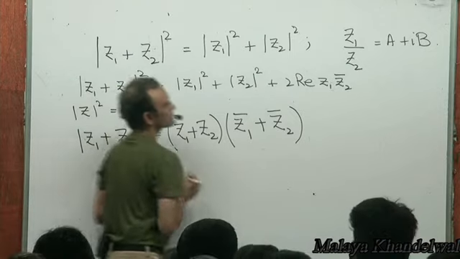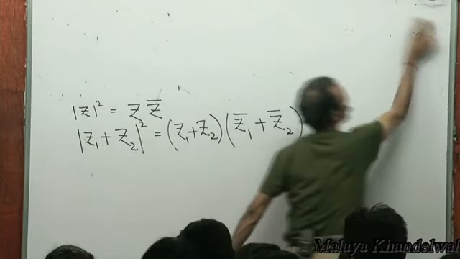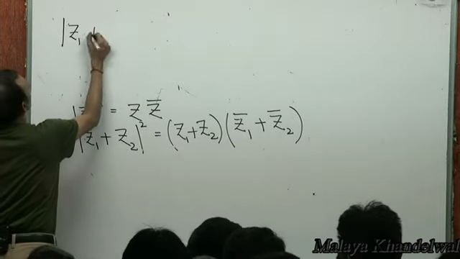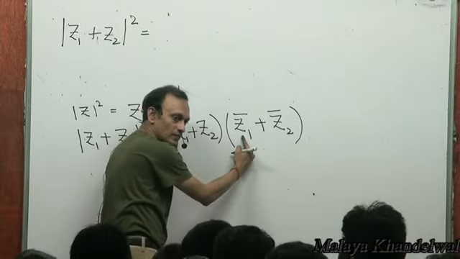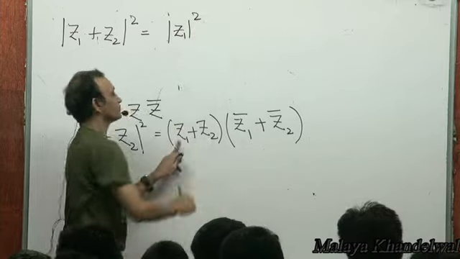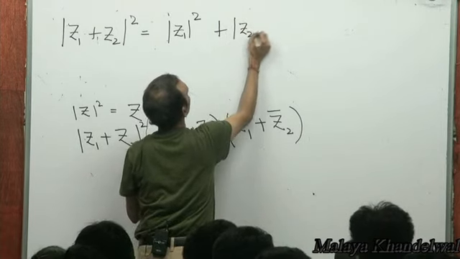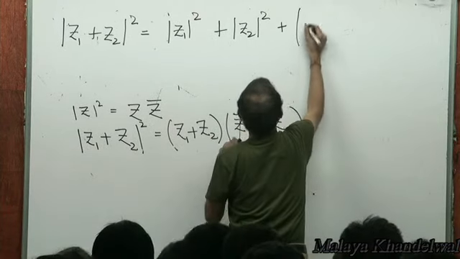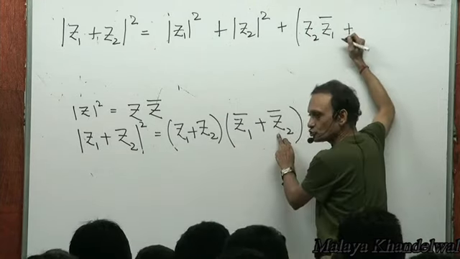Which is like z1 z1 bar, which is mod z1 squared, z2 z2 bar, which is going to be mod z2 squared, z2 z1 bar plus z1 z2 bar.